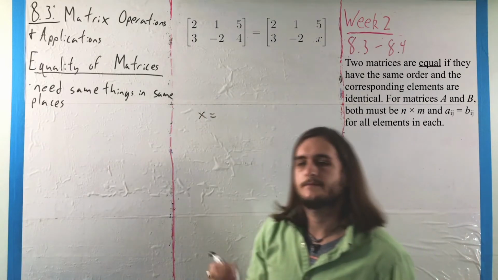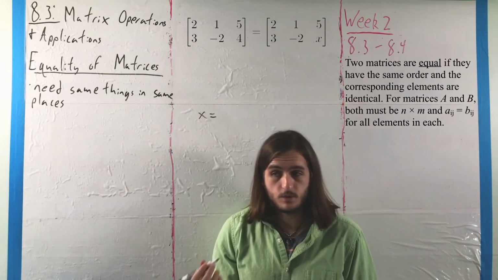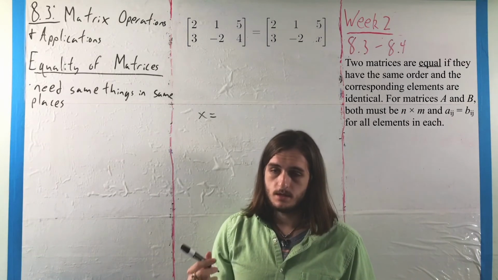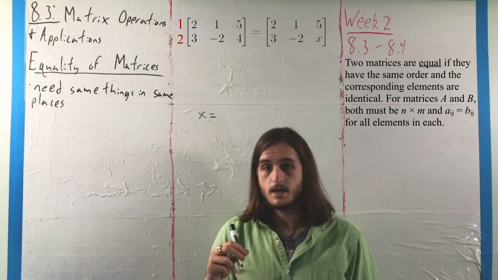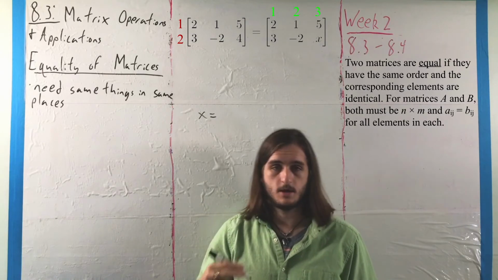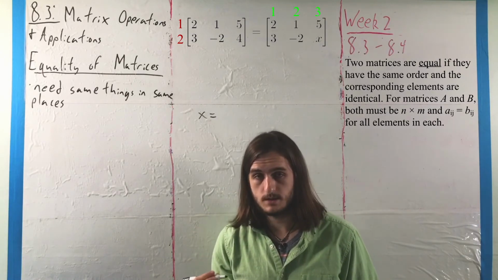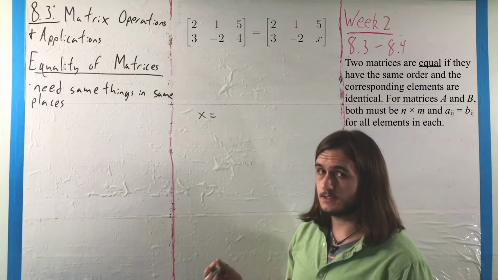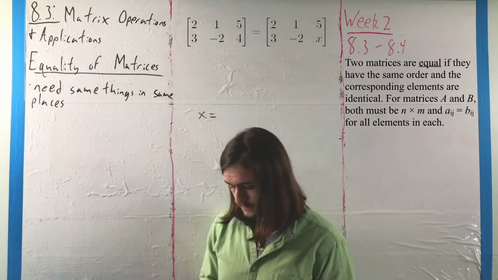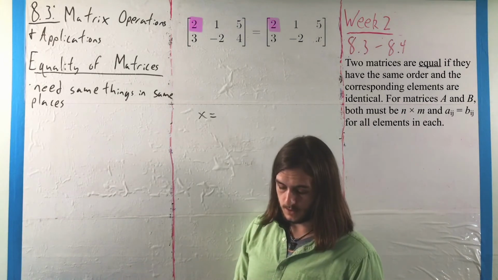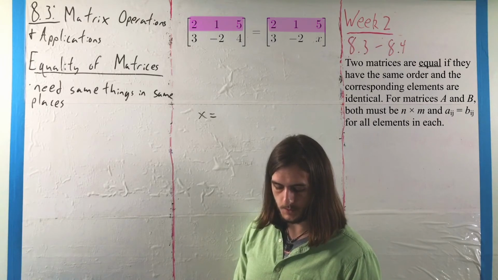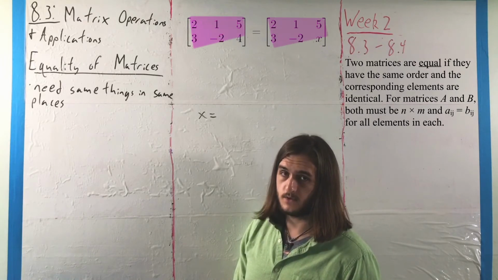And in this case, we've got the first step that we really need, that is, they're the right size. Each has 2 rows and 3 columns, so we would say that they are both 2 by 3 matrices. And then from there, we essentially just have to make sure that all the pieces fit in the right way. And for the most part, they do. We've got a 2 and a 2, a 1 and a 1, a 5 and a 5, 3, 3, negative 2, negative 2.